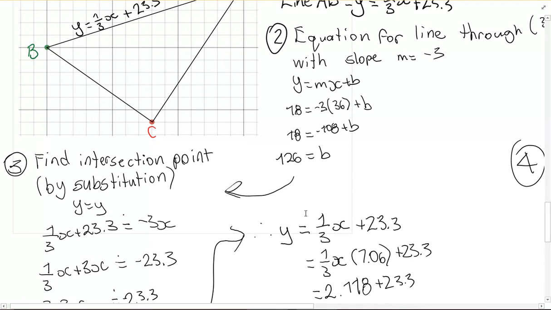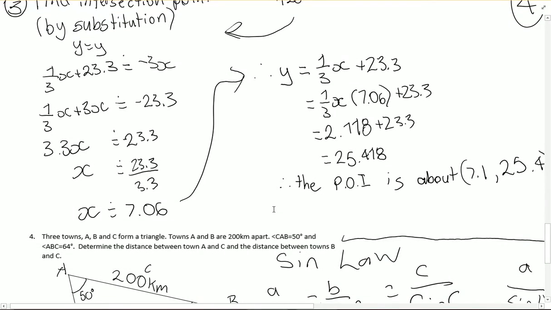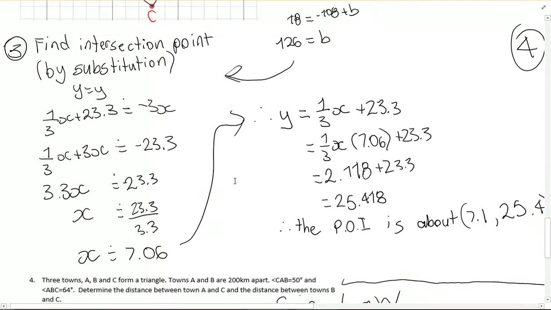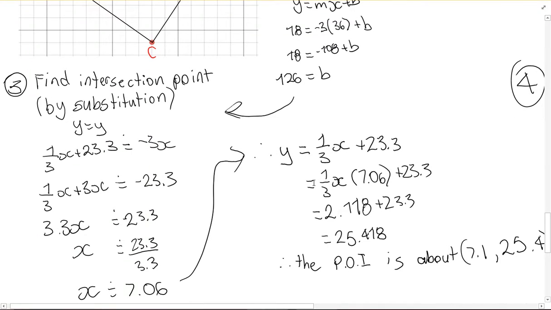Using that, I was able to figure out what x was in the intersection point. Now using what I figured out as x, I was able to figure out what the y was in that same equation.